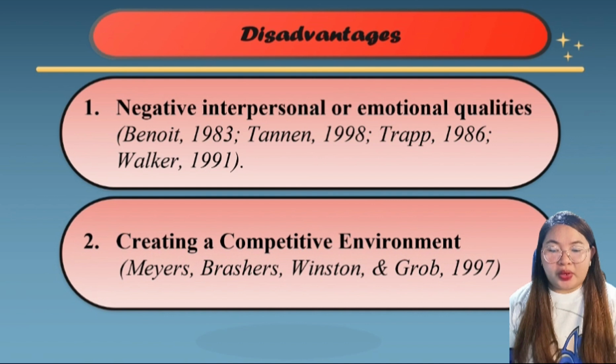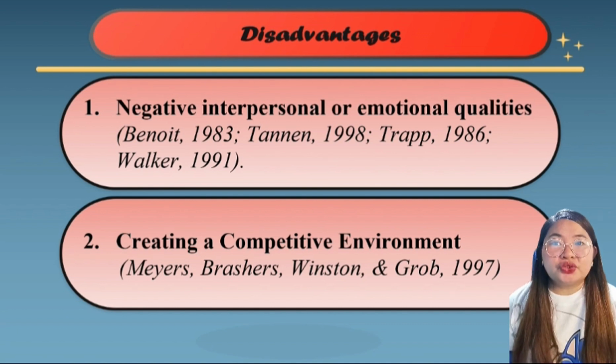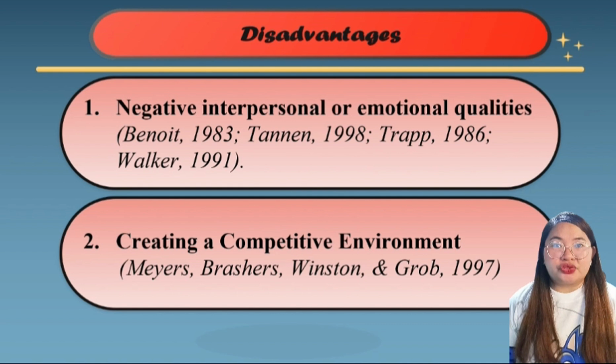And the second one, it can also create a competitive environment. That is according to Mayers, Brushers, Winston, and Grove in 1997. Why can it create a competitive environment? Because some students may find the competitive nature of this specific form of arguing to be intimidating or silencing.